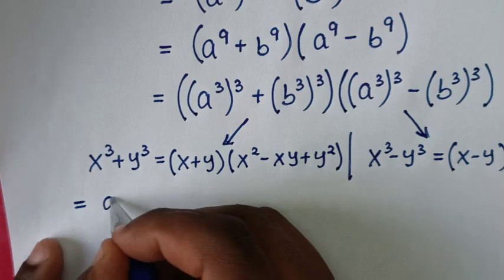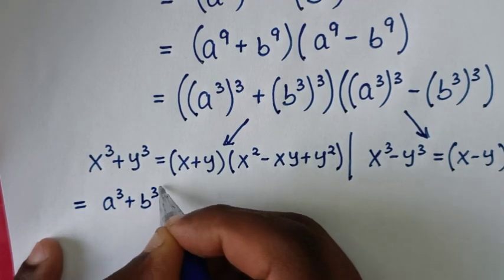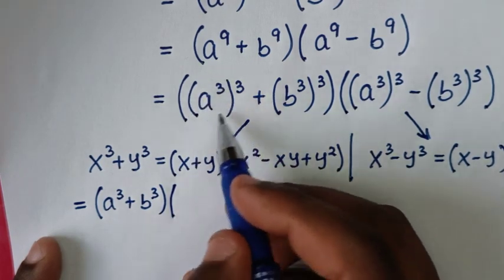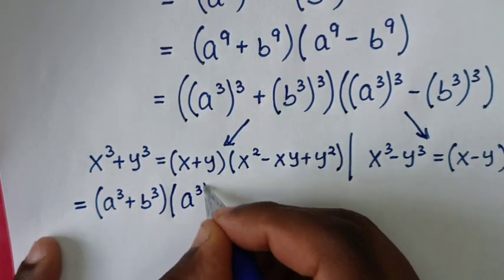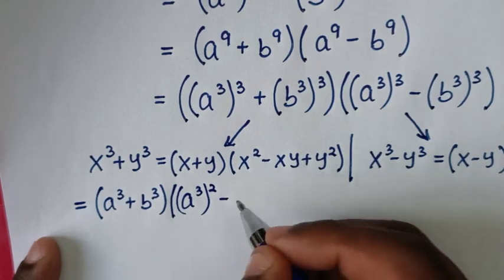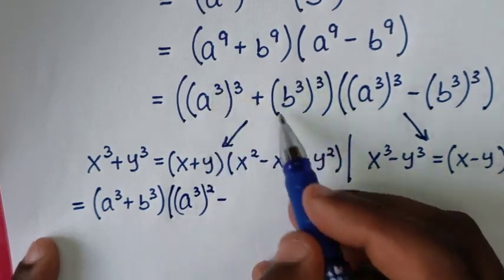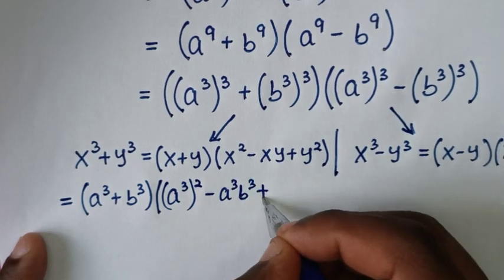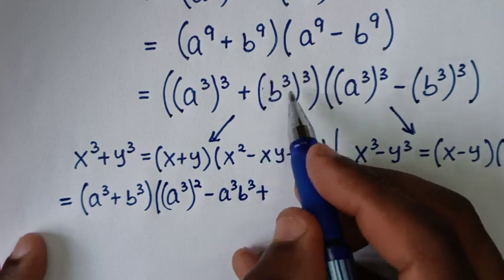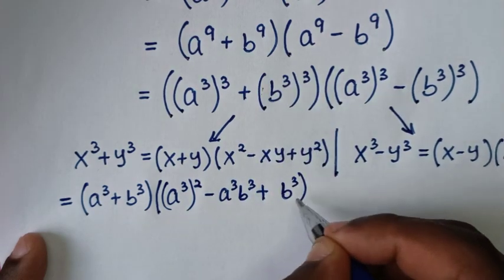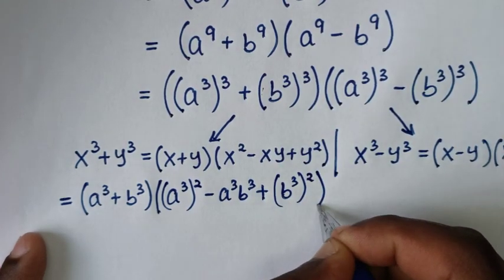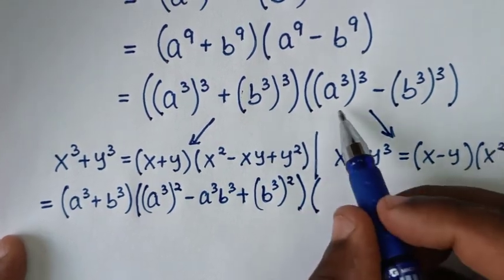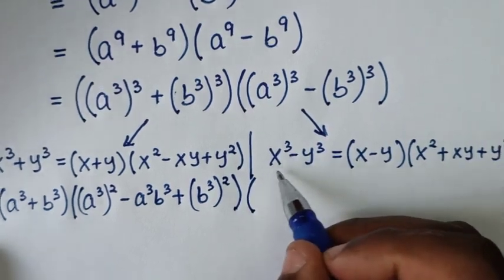So here it will be a power of 3 plus b power of 3 bracket, then times bracket x square, which is this square, so a power of 3 bracket square, then minus x times y, which is this times this inside the bracket, so a power of 3 b power of 3, then plus y square, which is b power of 3 bracket square, then bracket. Then here we have times bracket, and into this part here we'll apply this rule.